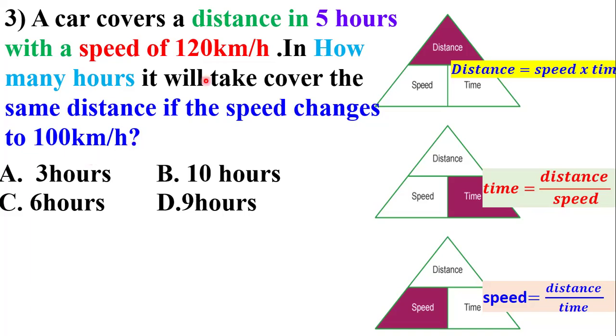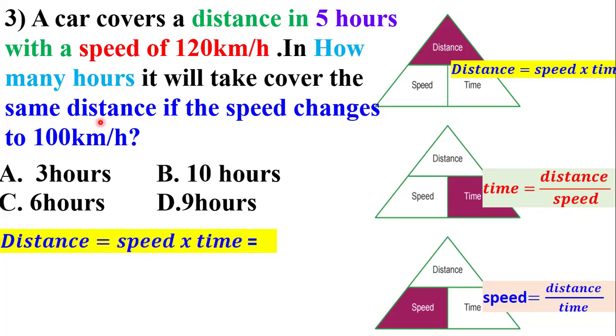Since the same distance is covered, we need to calculate the distance in the first case. Speed times time: the speed is 120 multiplied by the time of 5 hours, which is equal to 600 kilometers. Now, you are asked to calculate the time.